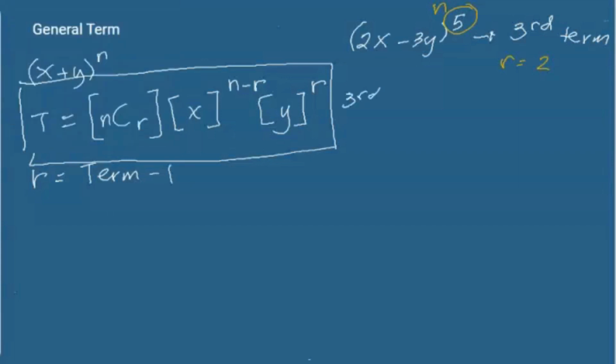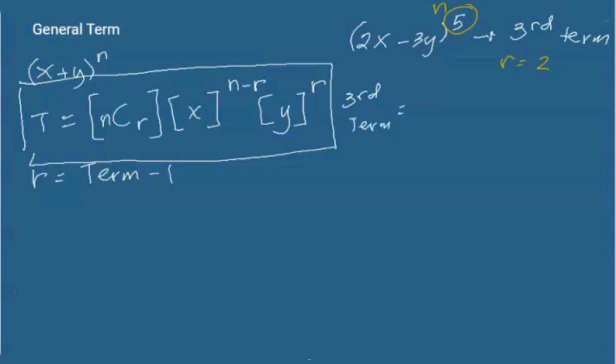Okay, let's try this next example. Let's say 2x minus 3y raised to the fifth power, and we're asked to find the third term. So our n is 5 and our r is third term minus 1, so that's 2. So let's use the general term in finding the third term.